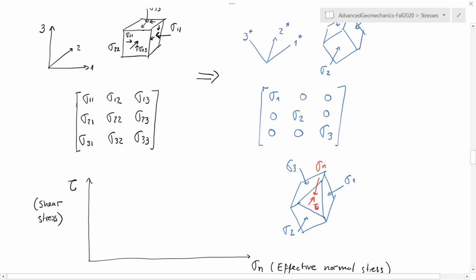So I could slice this cube with any three-dimensional plane, and the result is going to be that in order to keep it in equilibrium, I need an effective normal stress and a shear stress, which are going to be sigma n and tau. And these are the x-axis and the y-axis for the Mohr circle.